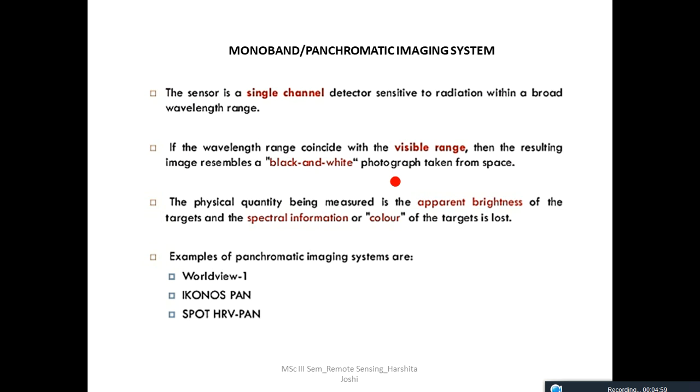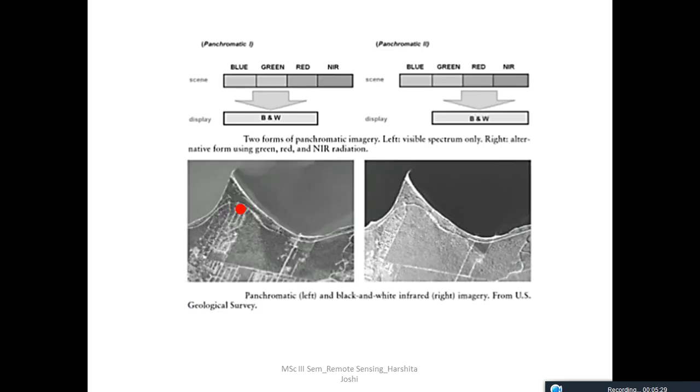So binary numbers are used to give the DN values to these black and white images, or they may be in the form of black and white photographs also. The physical quantity being measured is the apparent brightness of the target, which tells about the amount of energy that has been reflected. Some examples are the WorldView-1 sensor, the IKONOS pan and SPOT sensors.